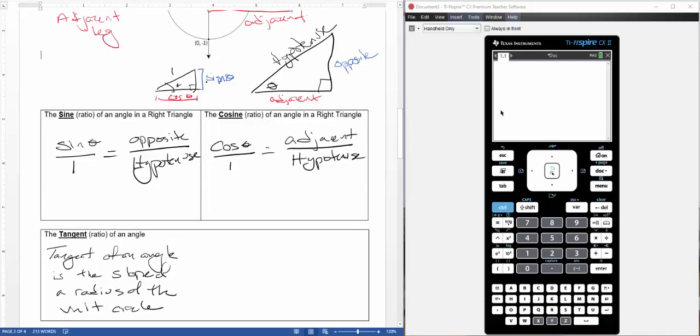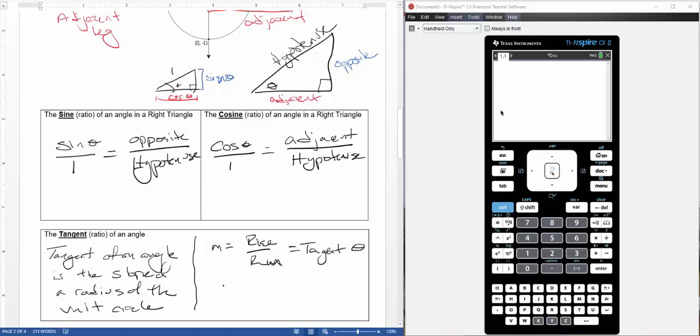Note, even if we have a similar triangle, the slope, which would be the rise over run of the unit circle, is going to be in the same proportion as the rise over run in any big triangle. And again, we say the slope, which is rise over run, is the tangent of an angle.